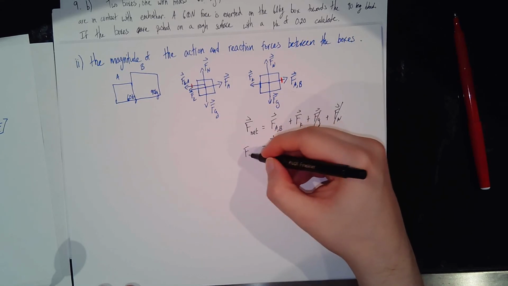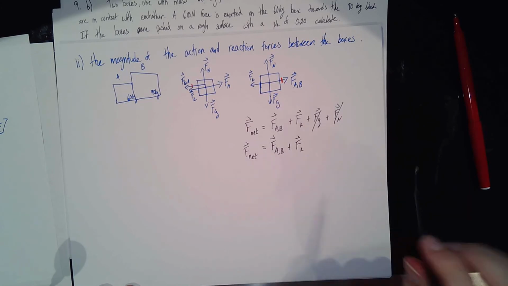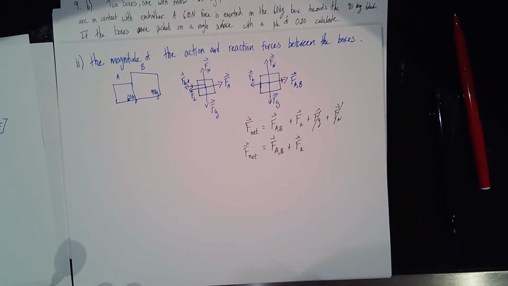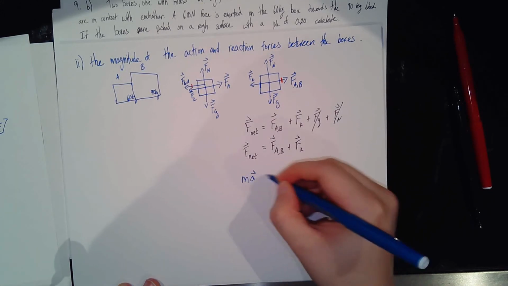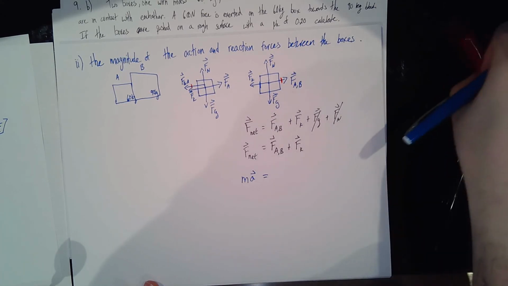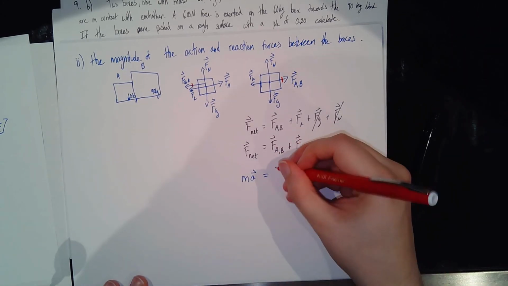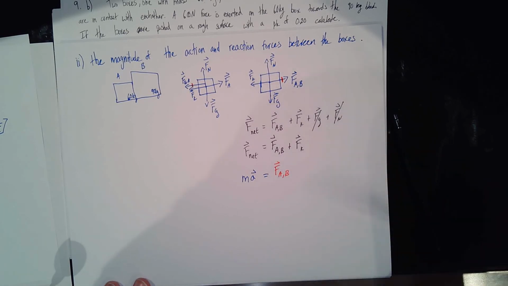Now we can break this down symbolically, right? Because we know that the net force is going to be equal to the mass times the acceleration, right? So this is going to be equal to ma due to Newton's second law. This is what we're looking for, right? We're looking for the force that A puts on B. So that's our final goal.